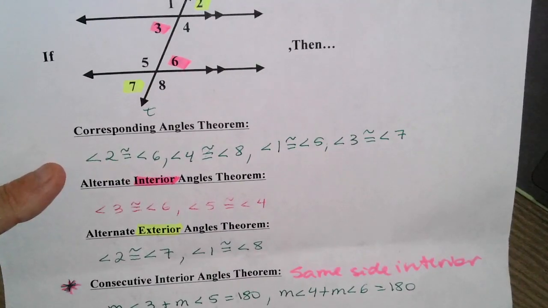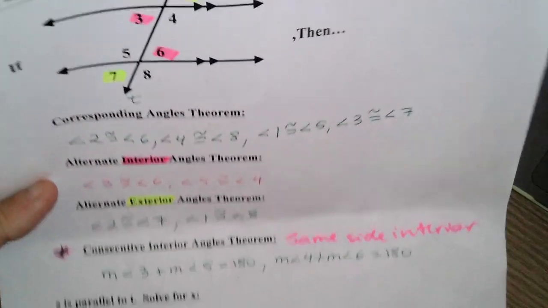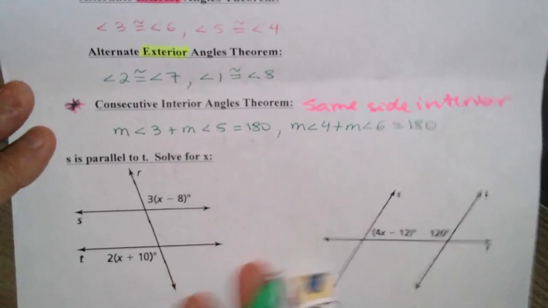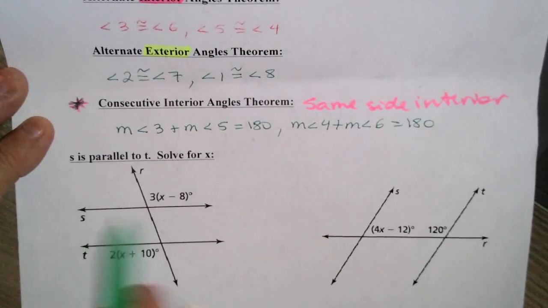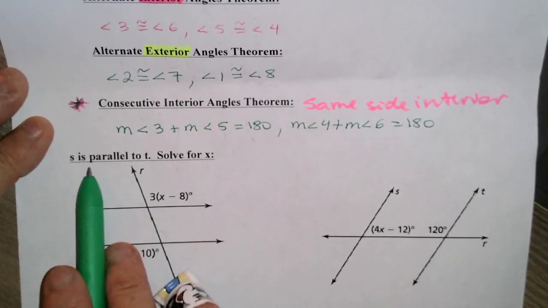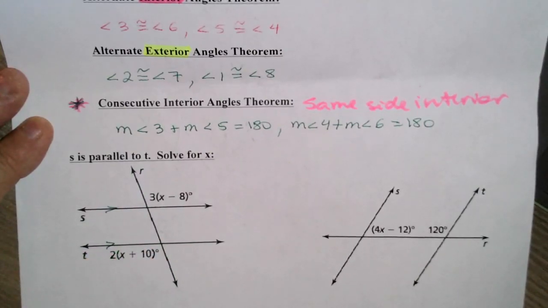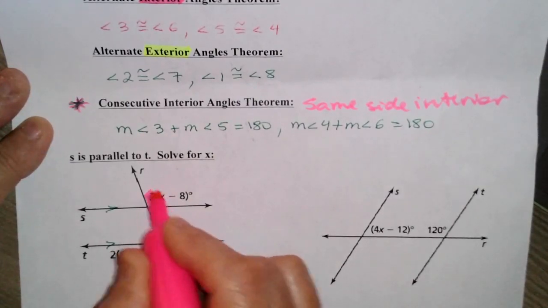So now let's take a look at an example of how we can use algebra to solve. Here I have line S and line T parallel, and I want to solve for x. First thing I need to do is identify the pair of angles. I have this angle right here and this angle right there.